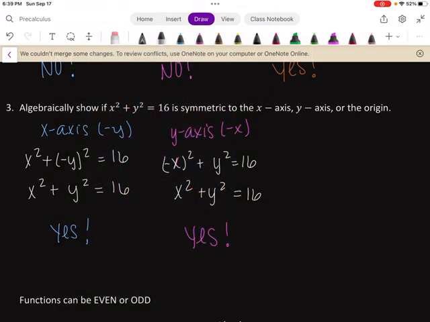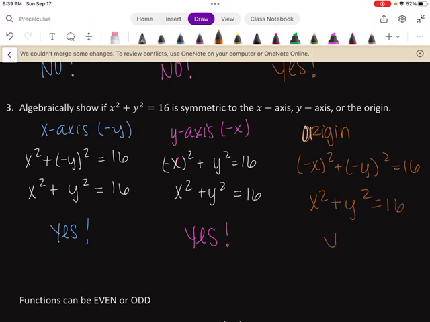But let's go ahead and just show it algebraically. Negative x squared plus the negative y squared is equal to 16. And again, that's a nice same exact result. So yes, that is actually an equation of, I would ask you out loud, it's a circle.